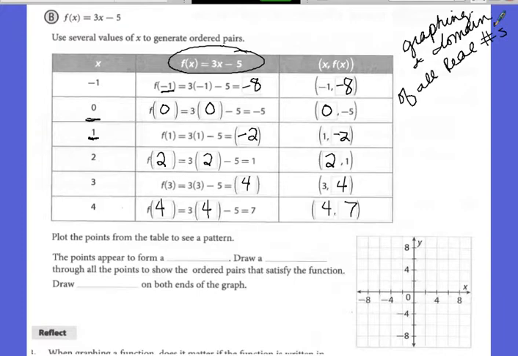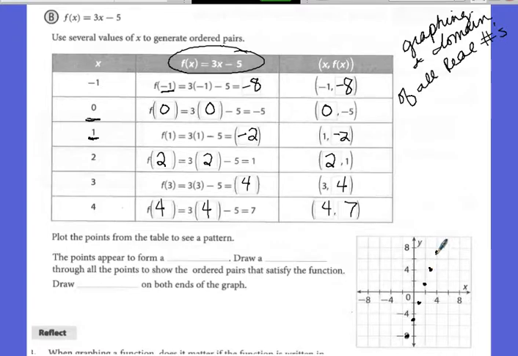So if I go through and I plot my points, I have negative 1, so backwards 1, and then negative 8, which is down, so here. And then I have 0, negative 5. And then I have 1, negative 2. 2, positive 1. 3, positive 4. And 4, positive 7.